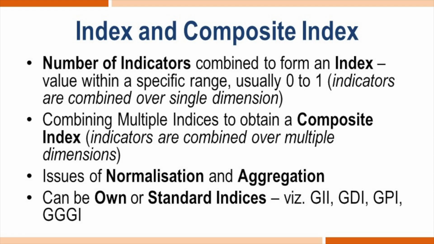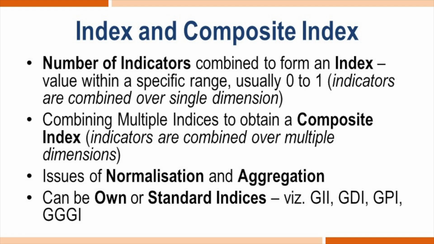Combining different indices we can obtain the composite index. Many indicators are combined, many indices are formed, and then over all the indicators and indices we again combine to get the composite index. It is a summary measure.